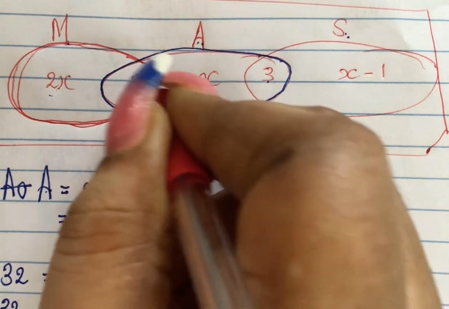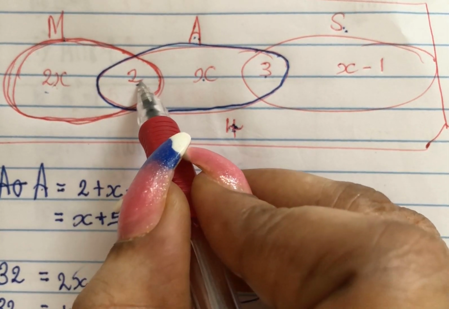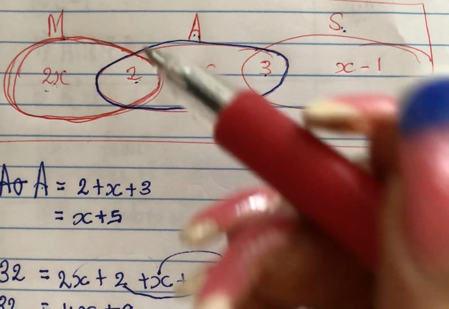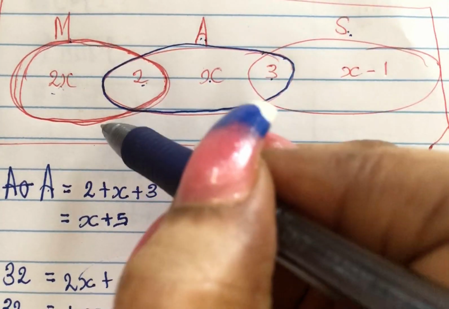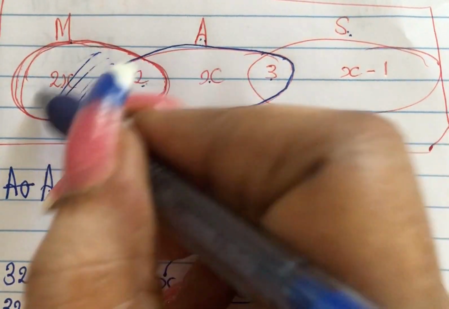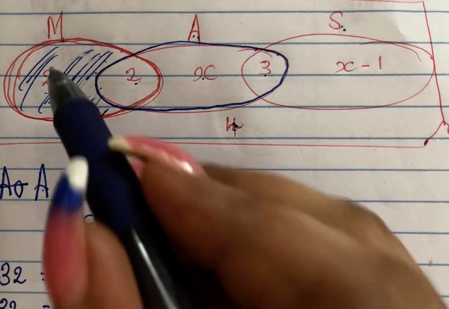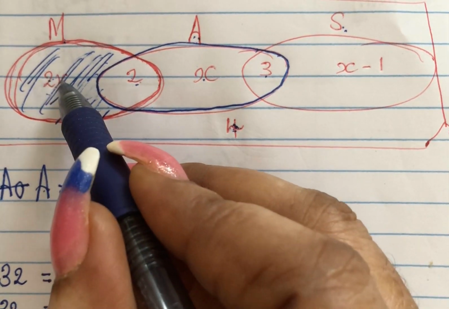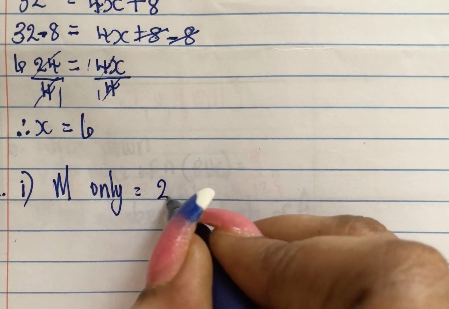Math has 2 parts, 2x and 2. But when we speak about math only, we are speaking of the region here. This is math only, which is represented by 2x.